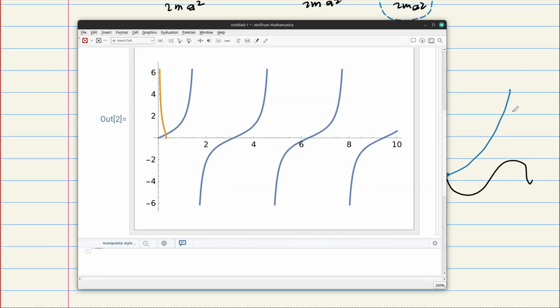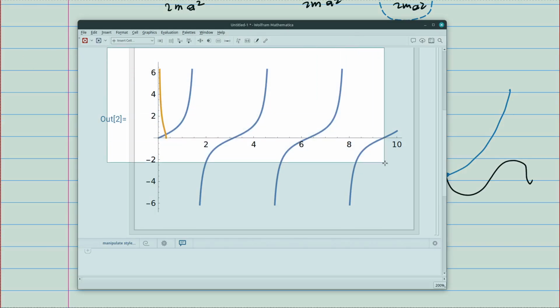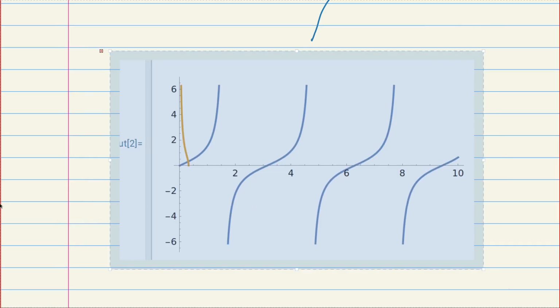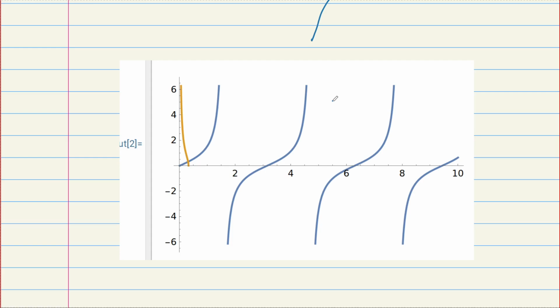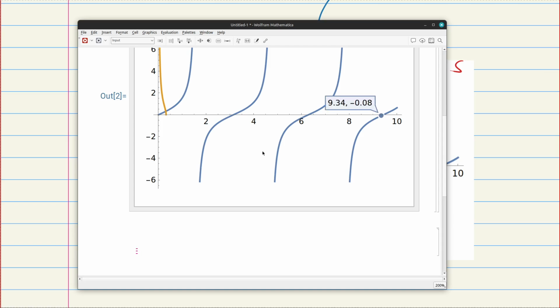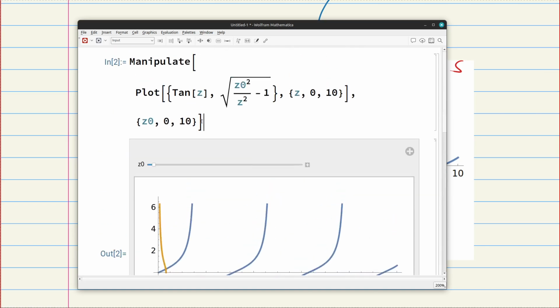So this is at least one bound state. Let's do exactly the same thing for the other solution.